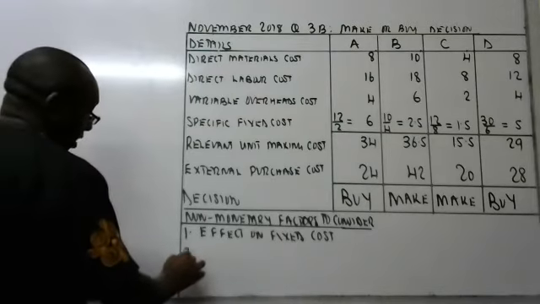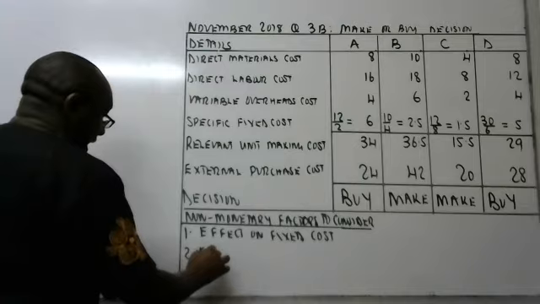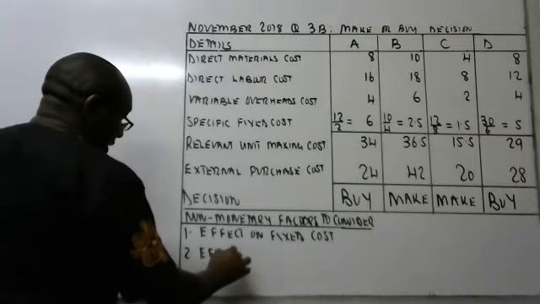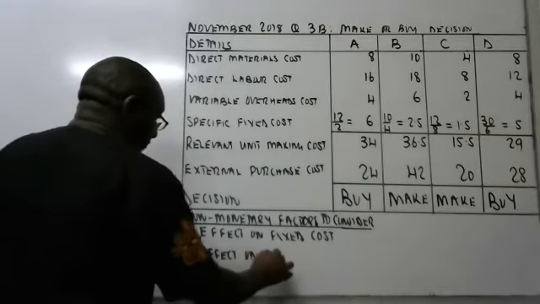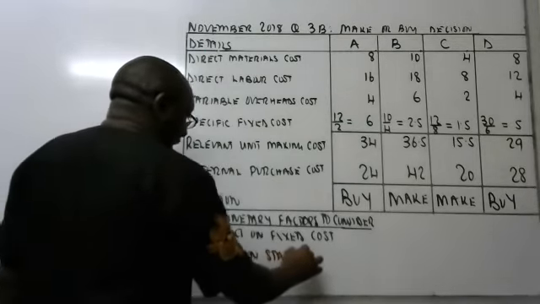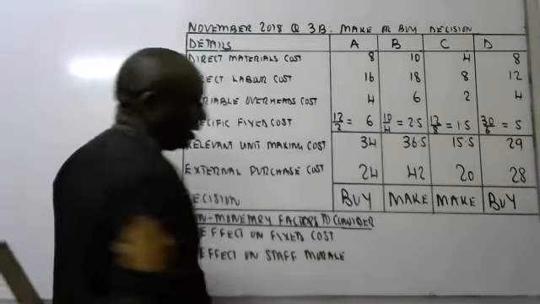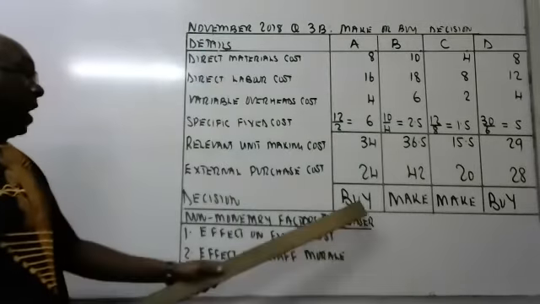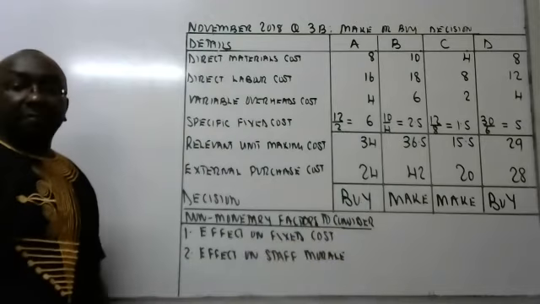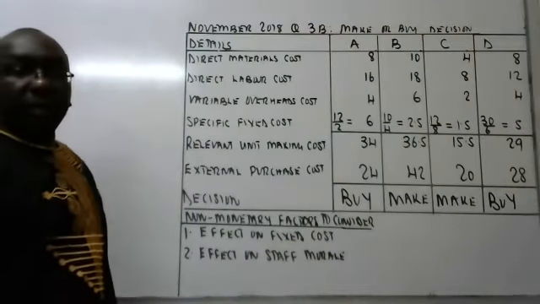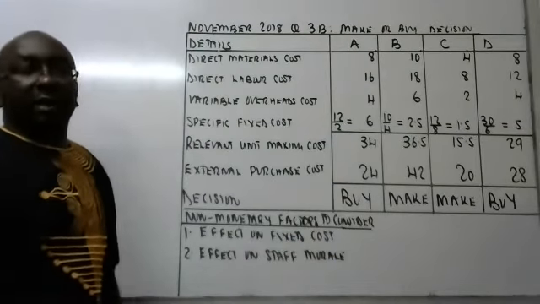Number two is effect on staff morale. So how does this one, especially this one of mine, affect our staff? Are we telling them that they are not good enough?